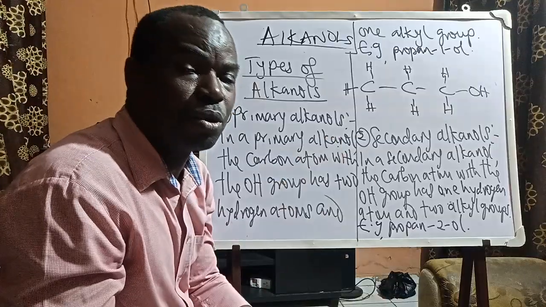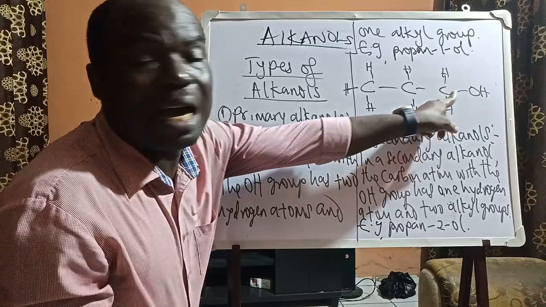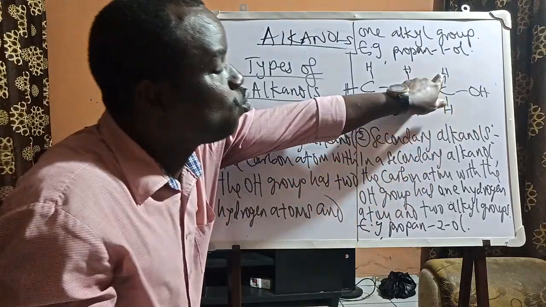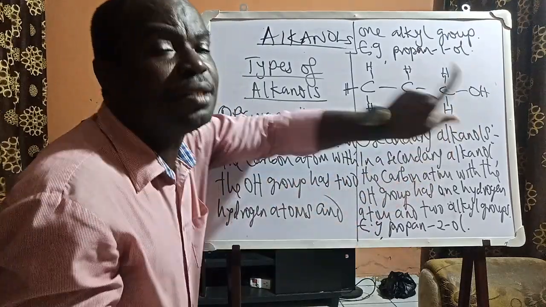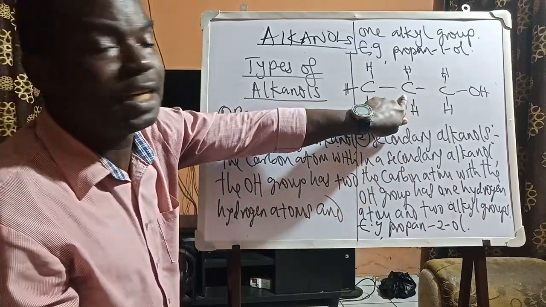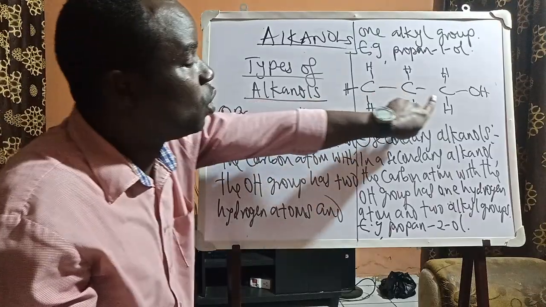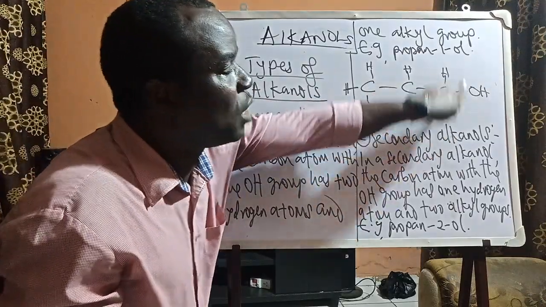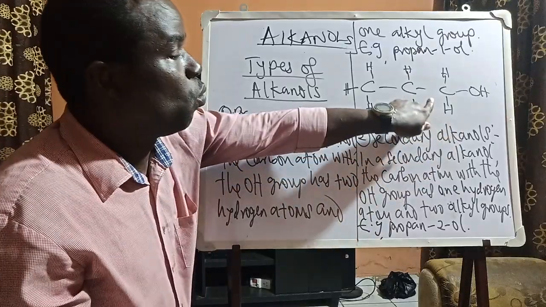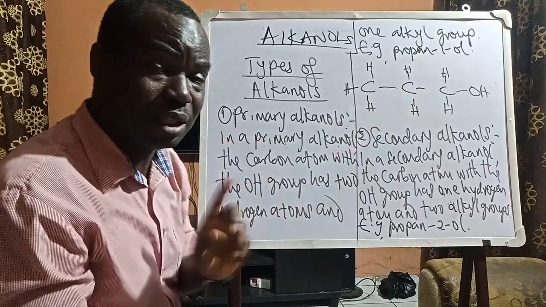Alkyl means carbon or carbon chains. So the carbon atom that has the OH group has two hydrogen atoms and one alkyl group. So it's bonded to one alkyl group. Take note. You see it now? Very important.